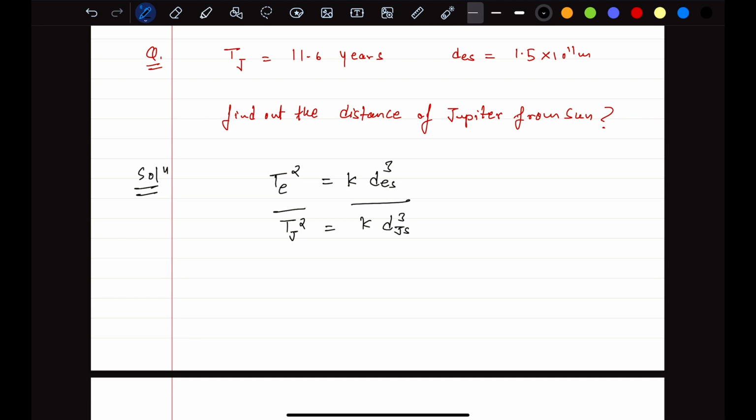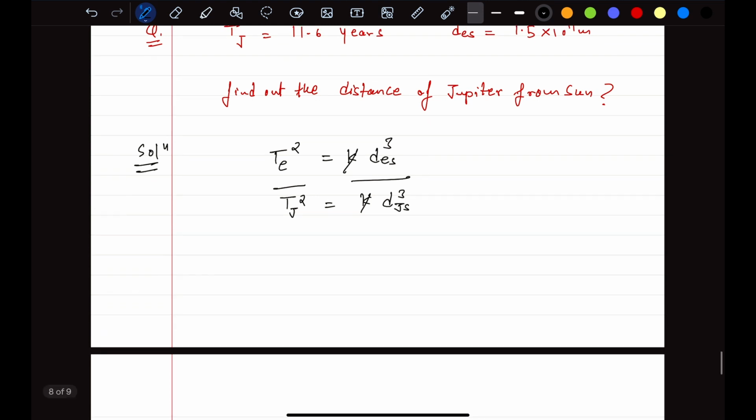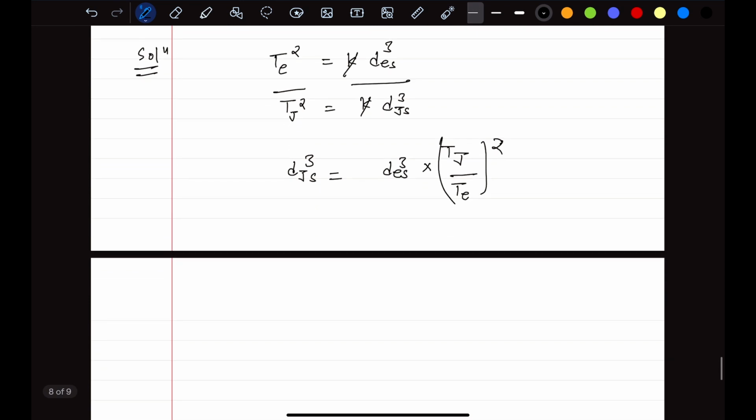Let's divide both equations, then k will be cancelled out. So the distance of Jupiter from the Sun cubed is the distance of Earth from the Sun cubed multiplied by T of Jupiter divided by T of Earth, square. Now let's take the cube root of this equation. Then d of Jupiter from the Sun is d of Earth from the Sun multiplied by T of Jupiter divided by T of Earth, to the power 2 by 3.